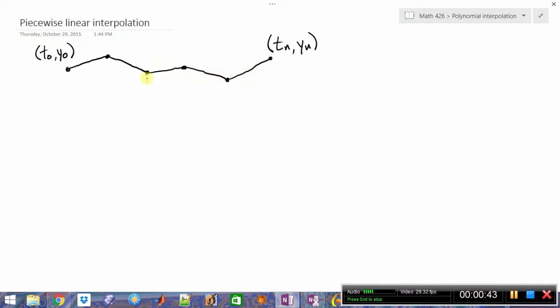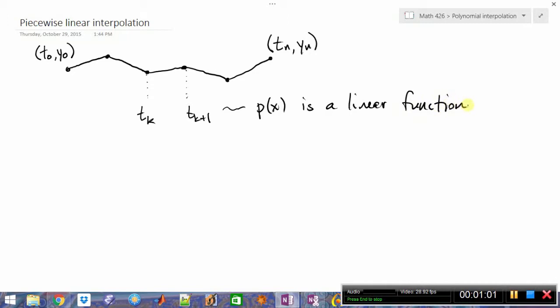So the idea is that between tk and tk plus 1, the interpolant p of x is a linear function. And we could write down the formulas for that line.